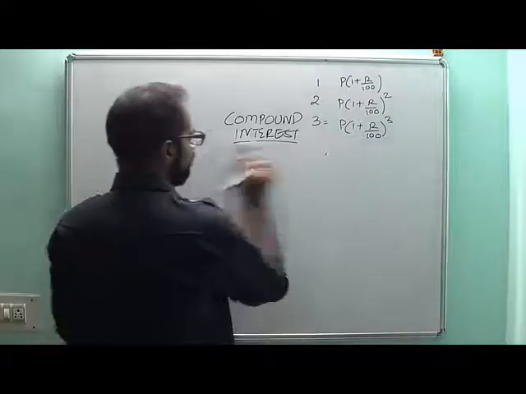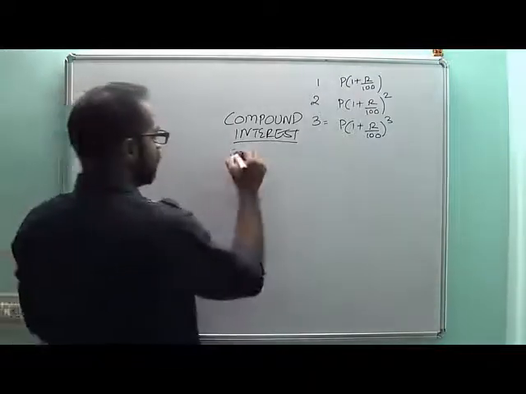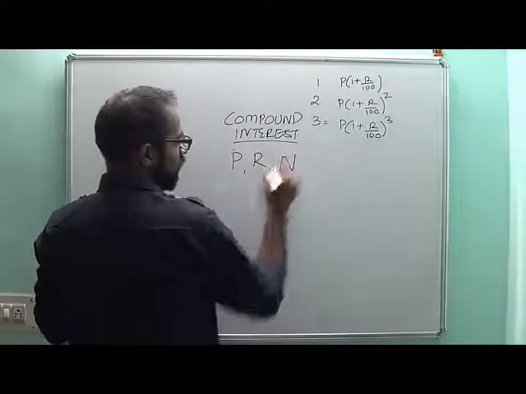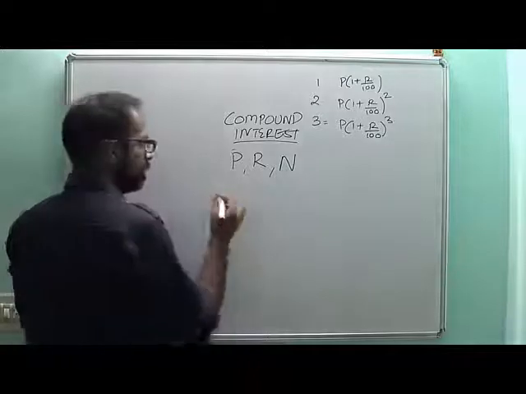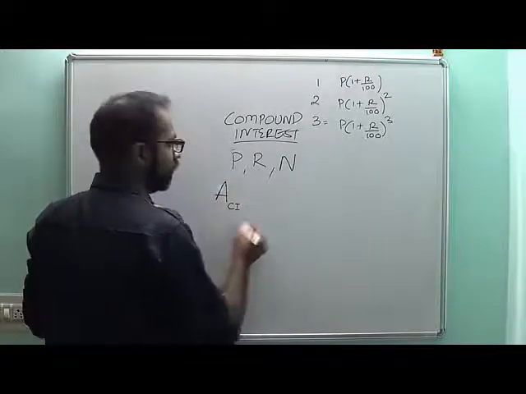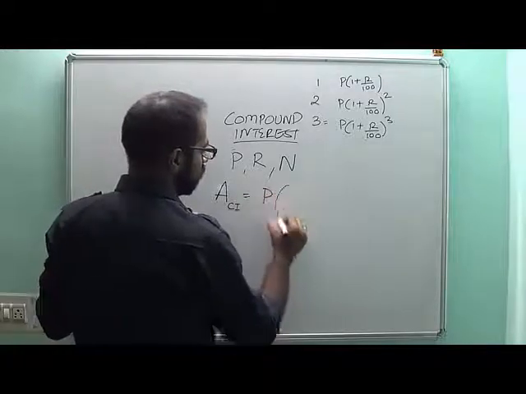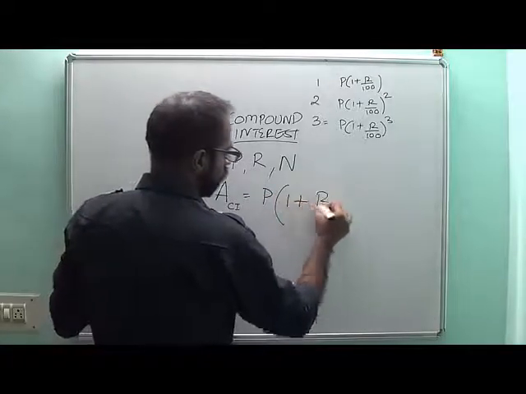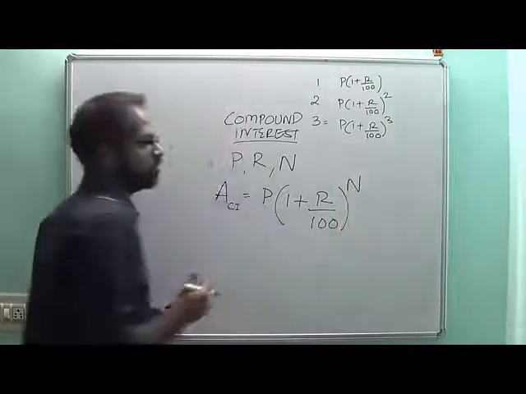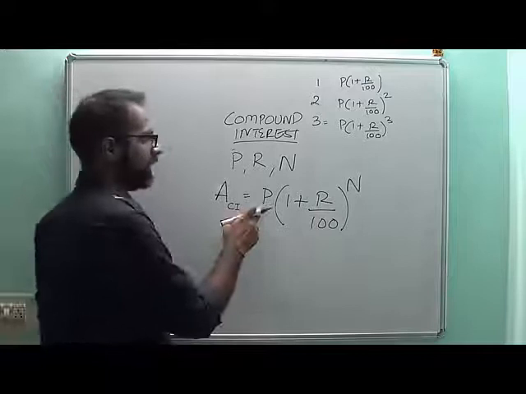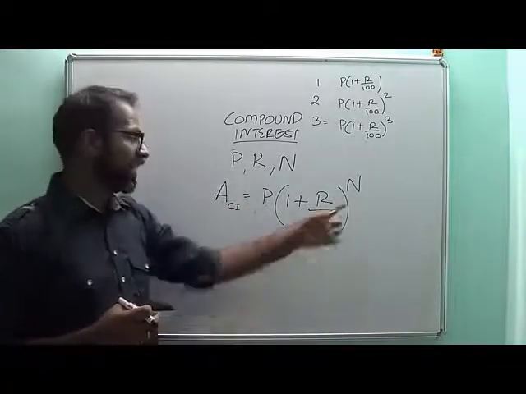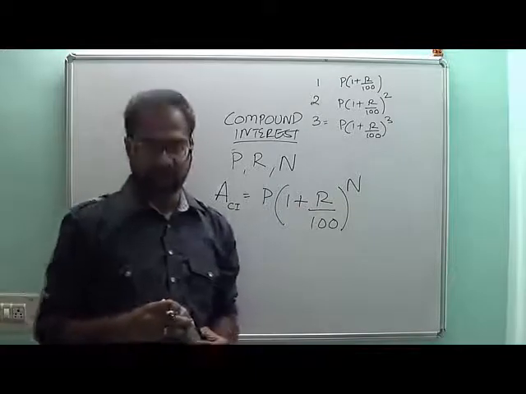So we can understand this formula as, if P is my principal, R is the rate of interest, and N is the number of time periods, then the amount earned at compound interest is given by the formula P into 1 plus R upon 100 the whole raised to N, where P is nothing but the principal, R is the rate of interest, N is the number of time periods.